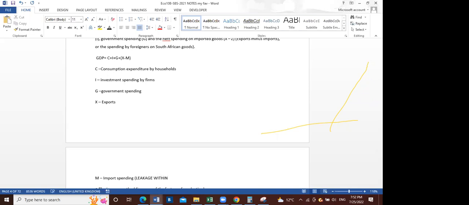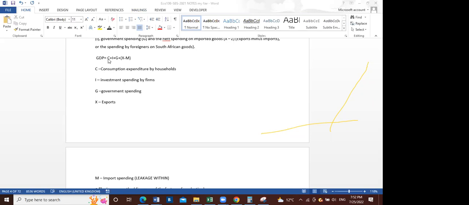We refer to it as a leakage because when you're buying from other countries, you are supporting external economies, and hence it represents an outflow of wealth from the local economy to the external economies. So hence it's a leakage. And when we export goods and services to other countries, we are receiving income into the local economy, and that is why X is positive and M is negative.